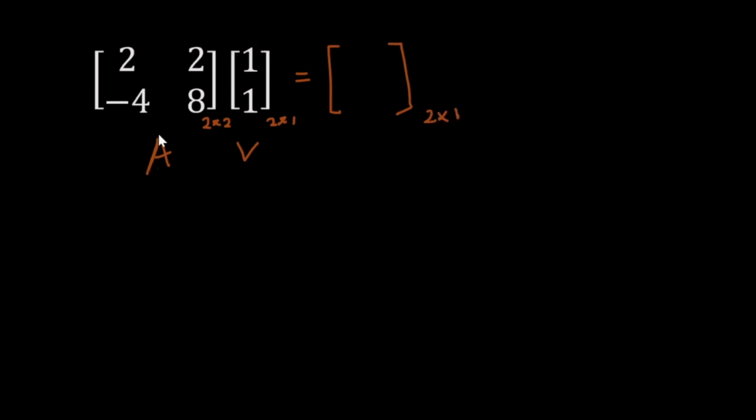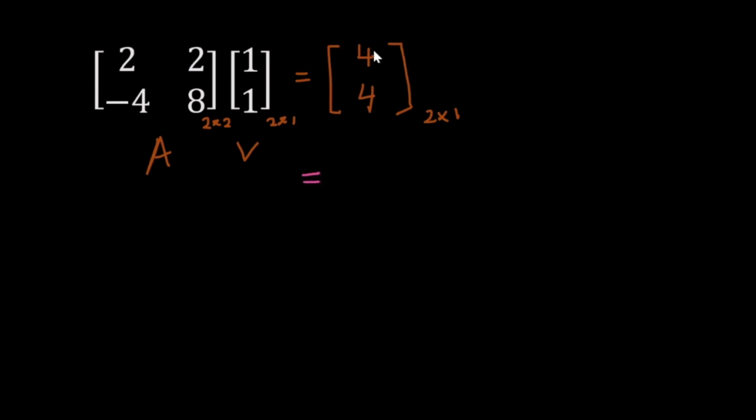So let's multiply A and V together. So the first row with vector V, I would have 2 multiplied by 1 plus 2 multiplied by 1, which gives me 4. And now the second row, I would have negative 4 plus 8, which gives me 4. So the result would be another vector.